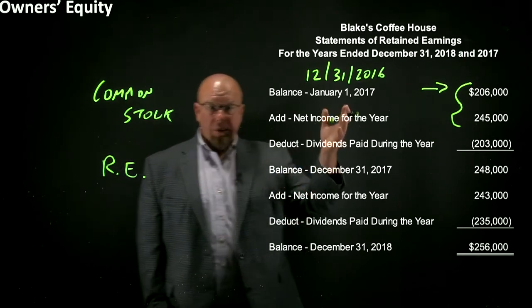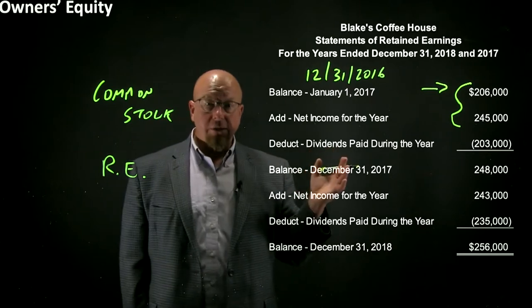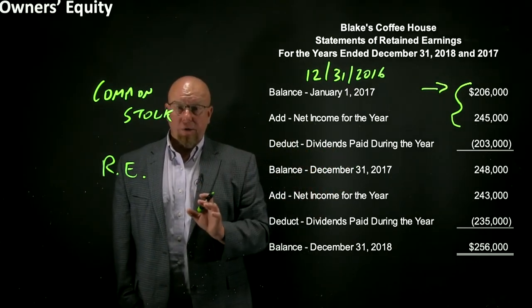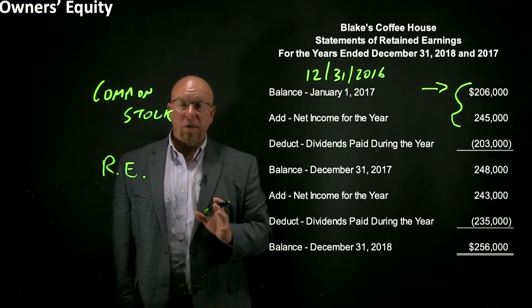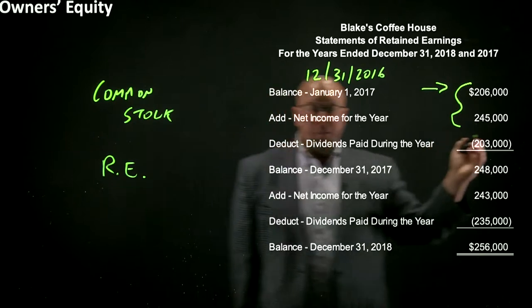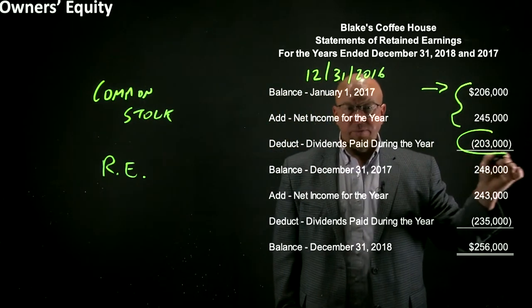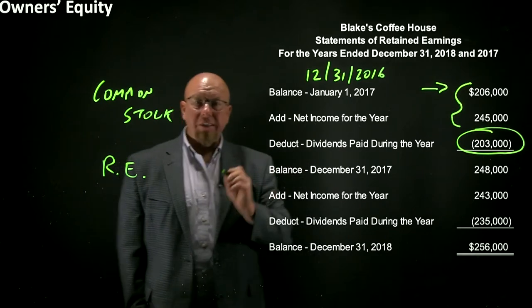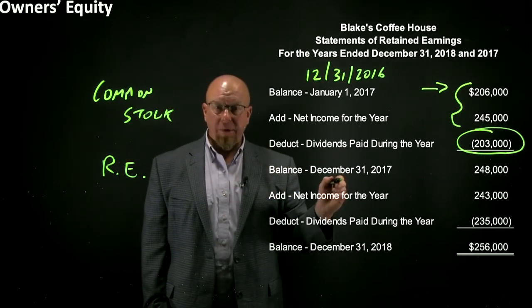So it would go up to, what is that, $451,000. However, we paid distributions to the owners. In a corporation, it's called a dividend. So we deduct that from retained earnings. Because we paid this dividend to the owners, some of the earnings have not been retained in the business.